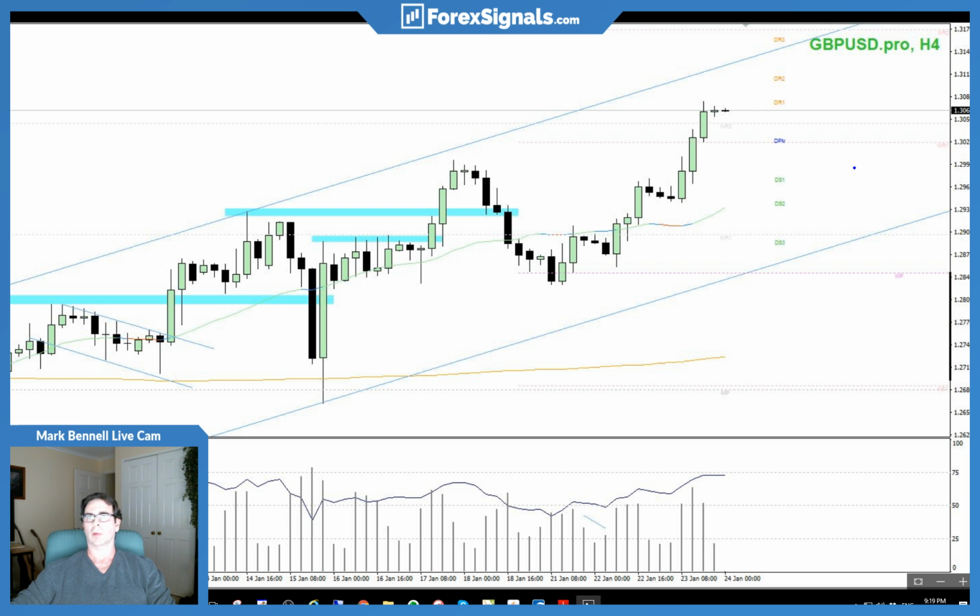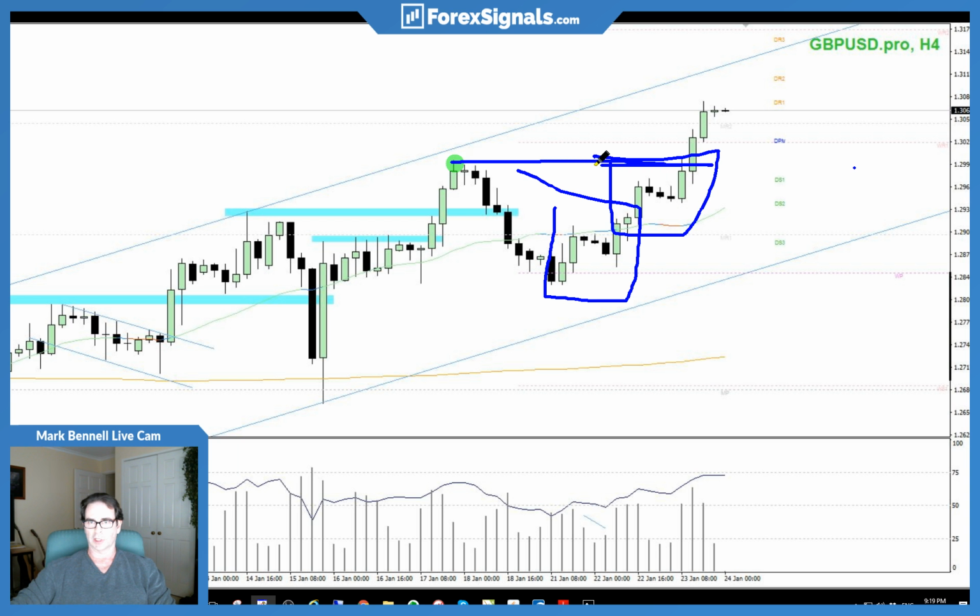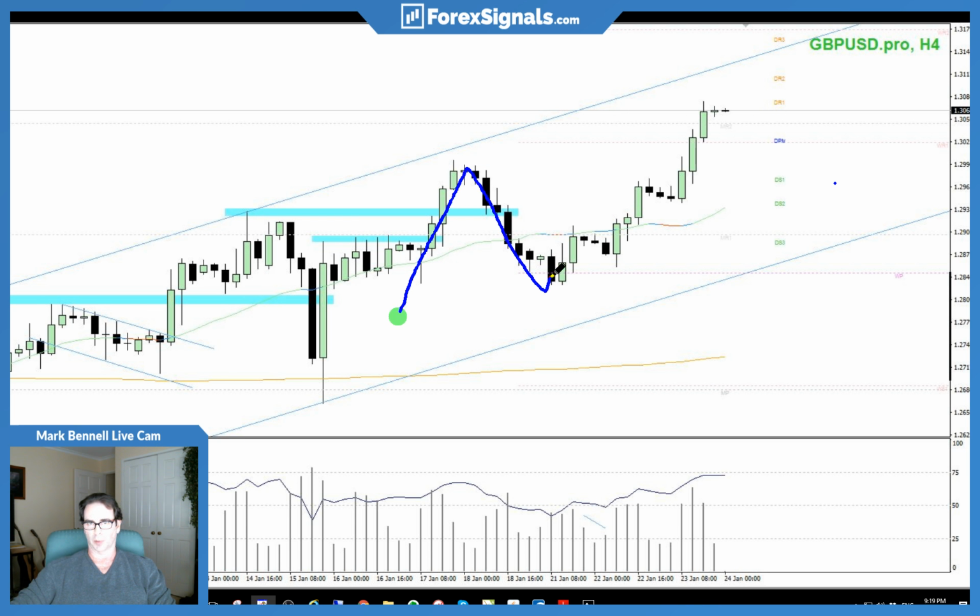So now we're spotting them. Here's one. Here's the second one. Support and resistance. The context. Beautiful pullback.